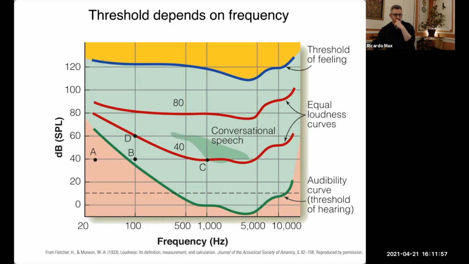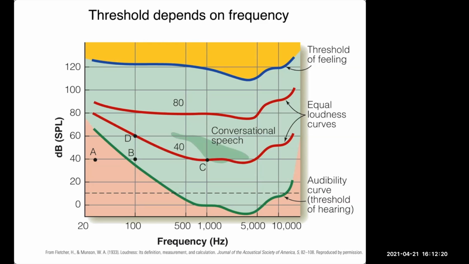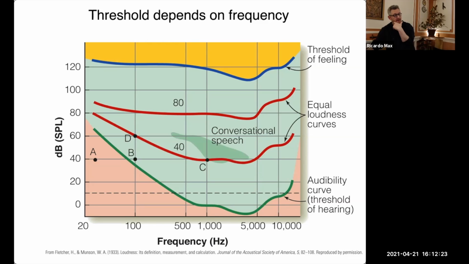Equal loudness curves, meaning that, so anyone who can explain what is the difference between D and C? Anyone? Well, what can you say from this graph between D and C?